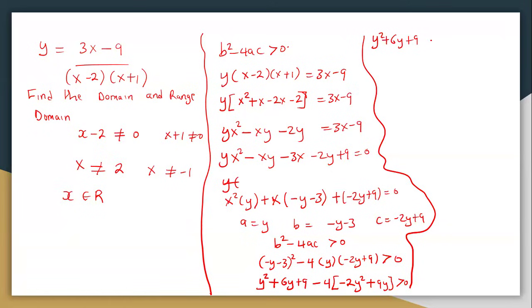When I open up, I'll have plus 8y squared minus 4 times 9, which is 36, minus 36y greater than 0. Then you collect like terms. y squared plus 8y squared gives us 9y squared. 6y minus 36y will give us 30y, then plus 9 greater than 0.